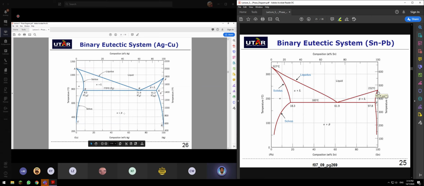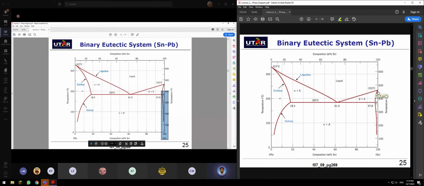This is the liquidus line that separates liquid and solid. This is the solidus line that separates the lead-rich solid and liquid. This is the solvus line that separates the lead-rich alpha and the solid mixture of lead and tin, alpha and beta.